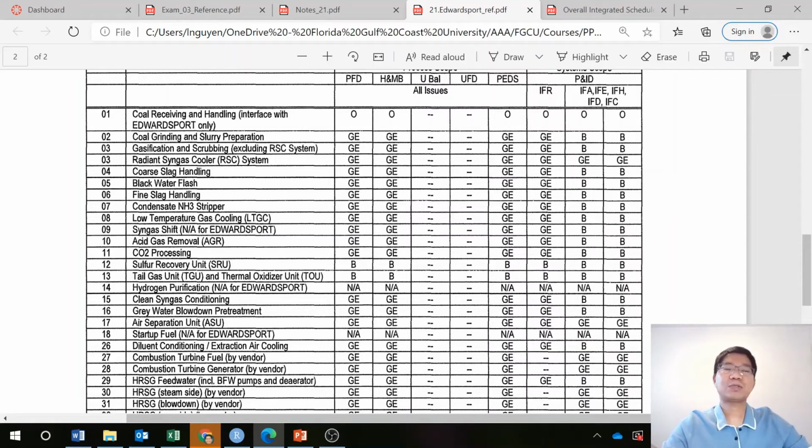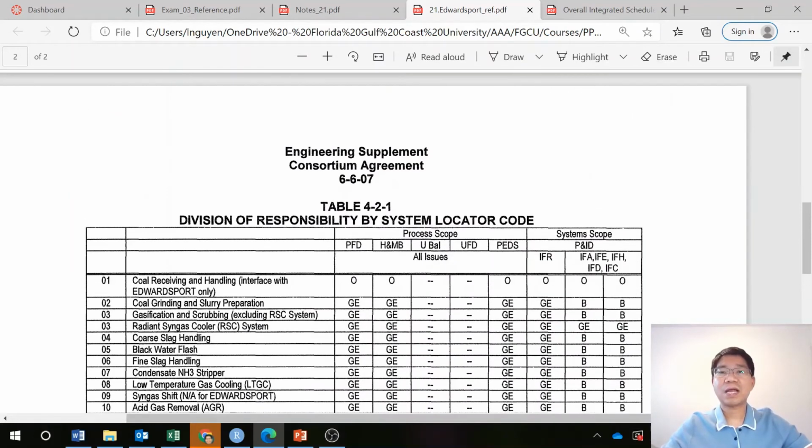B stands for Bechtel. So those are the work involved and who is responsible for what part of that work. That we call the responsibility assignment matrix, and that applies to this project that we use multiple times in this class. So that is the responsibility assignment matrix.